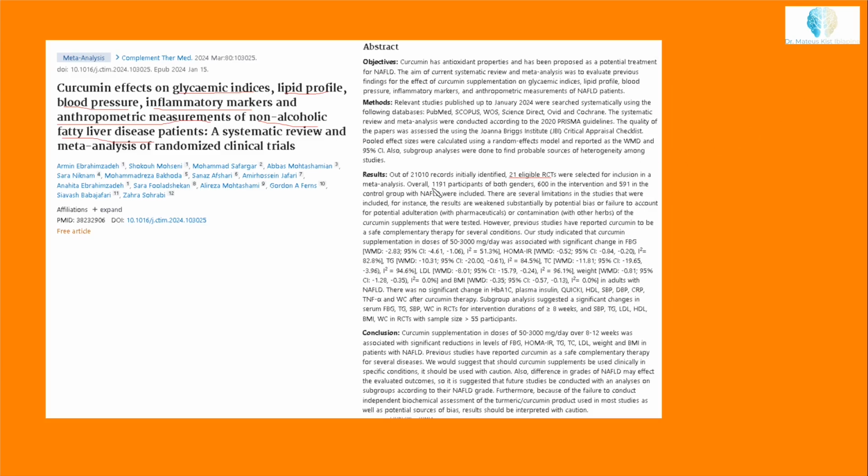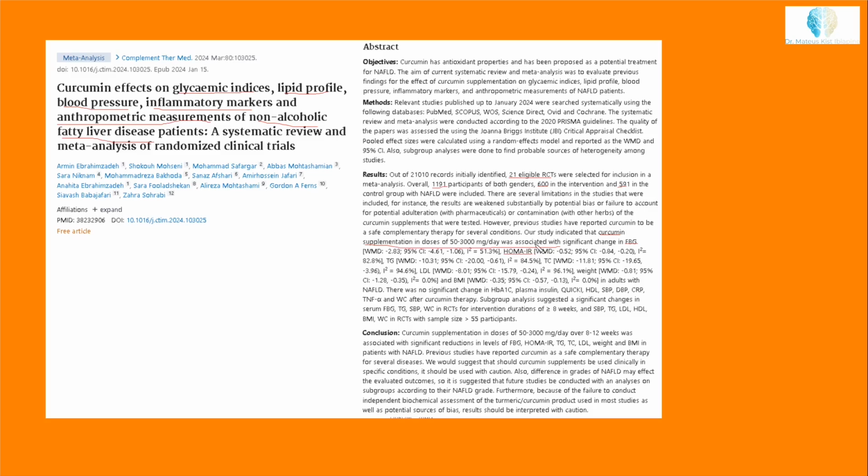They had a total of 1,191 patients, 600 patients in the intervention, the curcumin group, and 591 patients in the control group. All patients had non-alcoholic fatty liver disease, and what they found was that curcumin supplementation was associated with a significant benefit in terms of fasting blood glucose and measurements of insulin resistance.